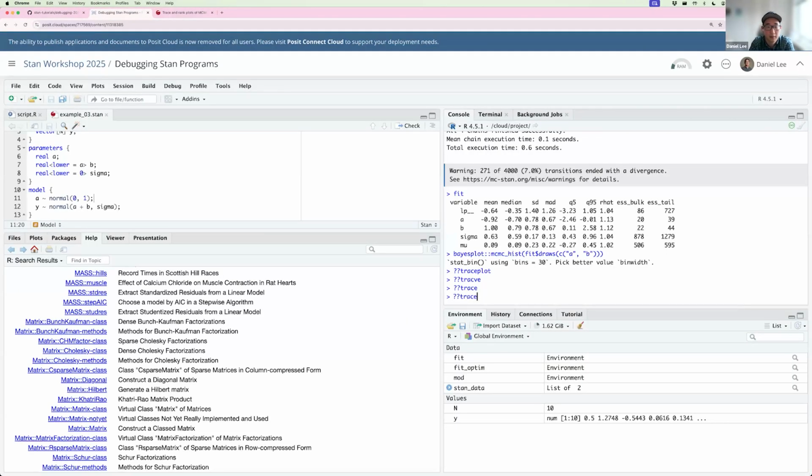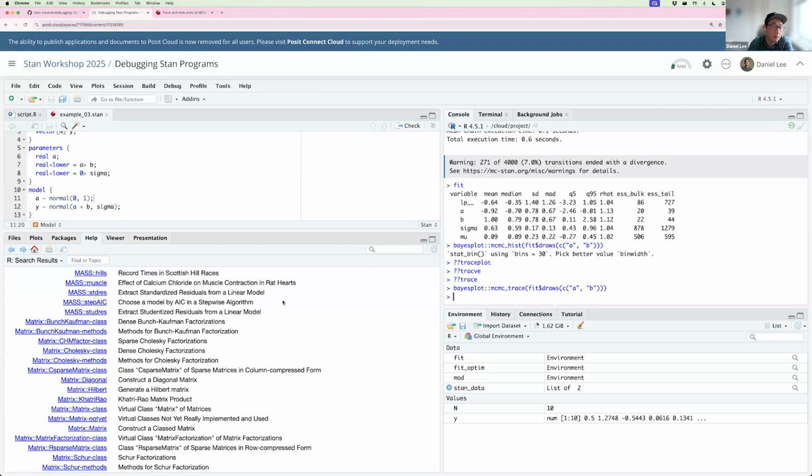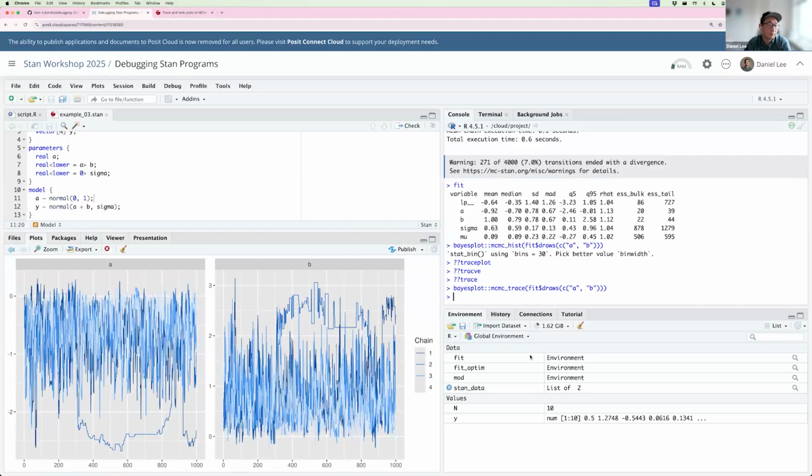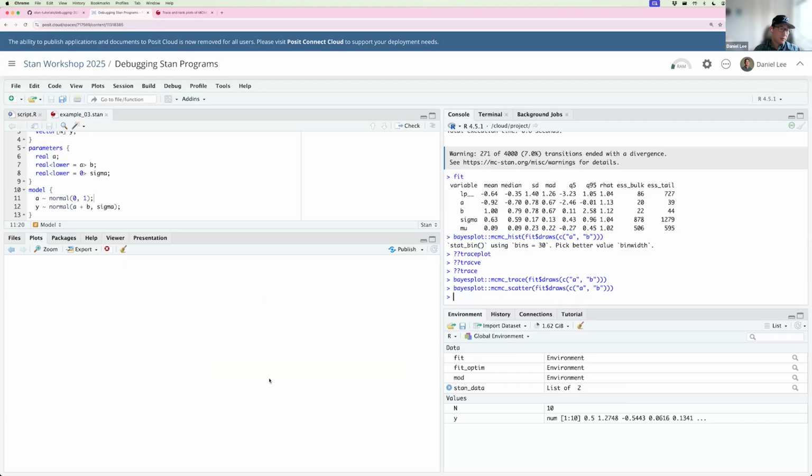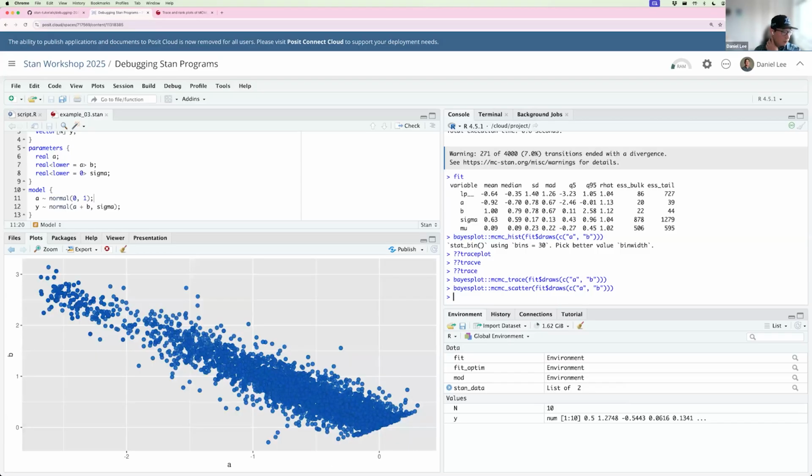So B is greater than A. I guess what I could do is, that should do it.